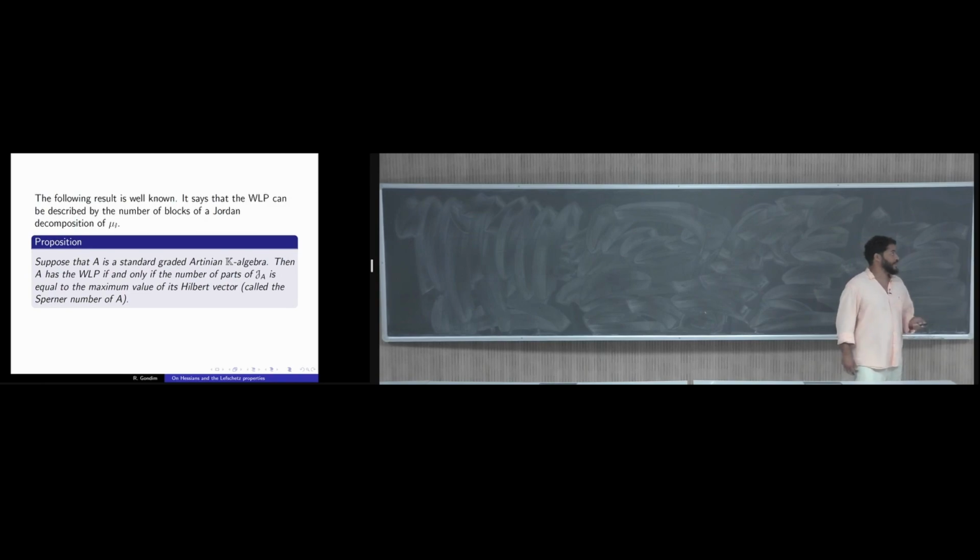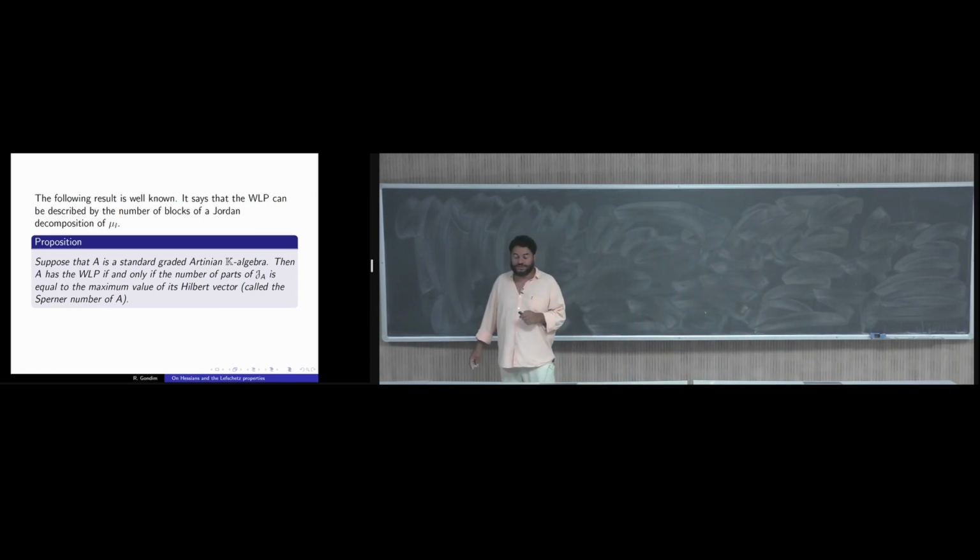Suppose that A is a standard graded Artinian K algebra, then A has the double P if and only if the number of parts of the Jordan type of A is equal to the maximum value of its Hilbert vector.